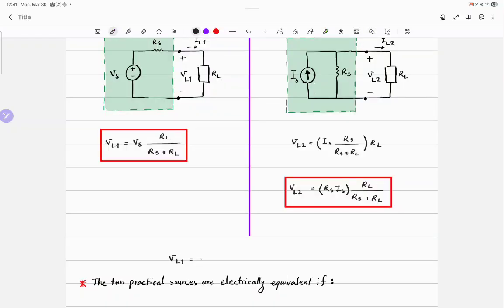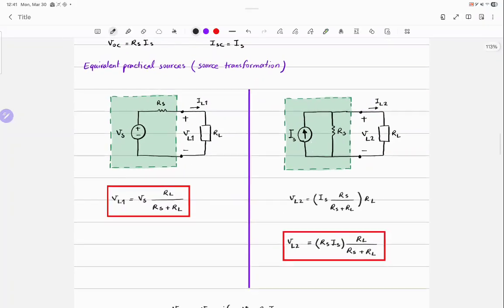VL1 is equal to VL2 if VS is equal to RS IS. So what is so fundamental about this? It means that if you have a voltage source, ideal voltage source, in series with a resistor, you can remove it and replace it with a current source in parallel with the same resistor.